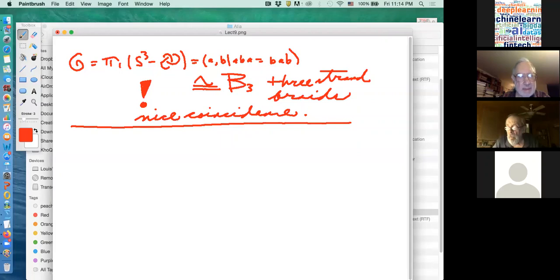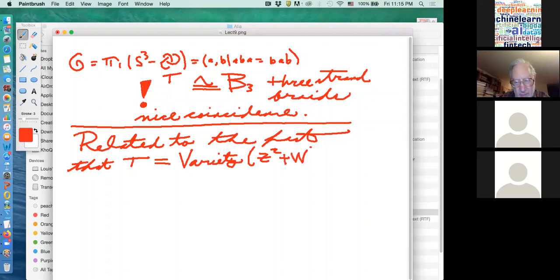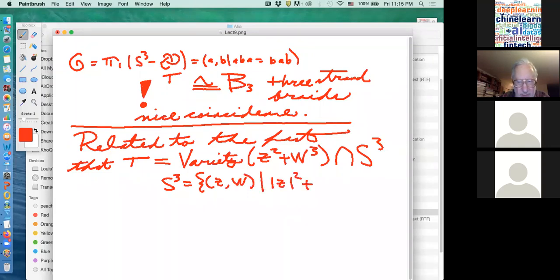But I won't do that this time, but I'm going to say to you that it is related to the fact that, let's call this T for trefoil, that T is equal to the variety of z squared plus w cubed intersected with the three-sphere, where I think of the three-sphere as equal to the set of two complex variables such that the sum of their squares is equal to 1.